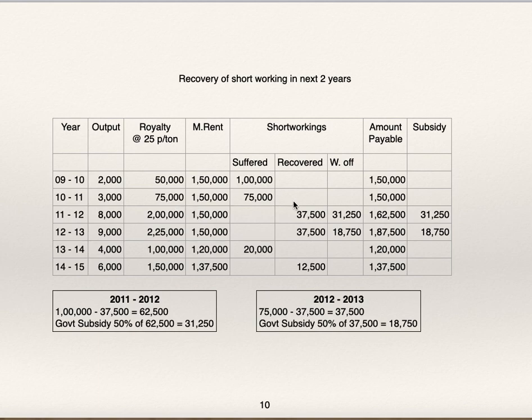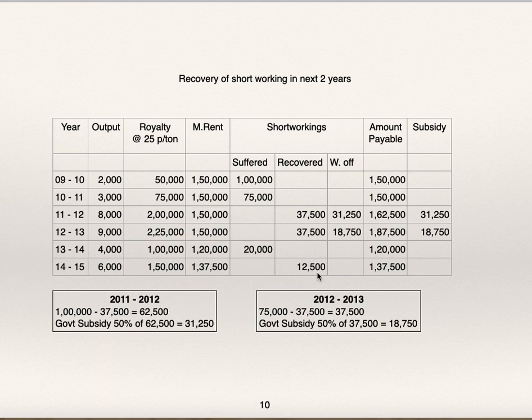That is 2 lakhs minus 37,500, which is 1,62,500, and 2,25,000 minus 37,500 is 1,87,500. For the year 14-15, royalty is 1,50,000 and minimum rent is 1,37,500. The difference in these two he can recover.